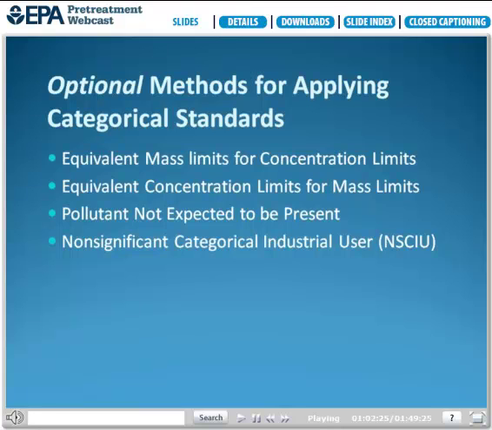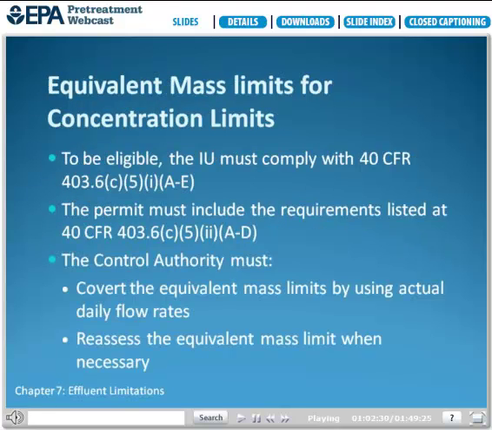Equivalent mass limits for concentration limits. To be eligible, the IU must comply with 40 CFR 403.6(c)(5)(i)(A) through (E). The permit must include the requirements listed at 40 CFR 403.6(c)(5)(ii)(A) through (D), and the control authority must convert the equivalent mass limits by using actual daily flow rates and reassess the equivalent mass limit when necessary.